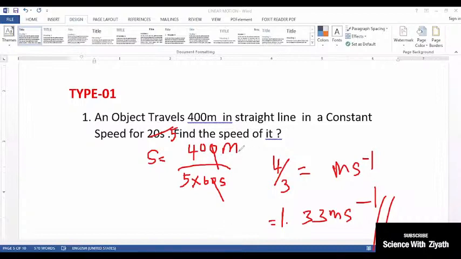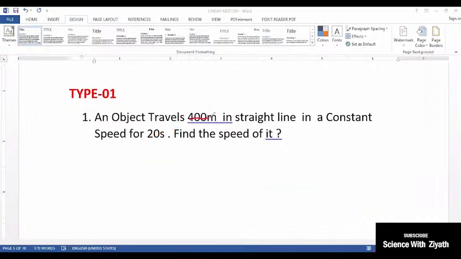In this one, it should be in meters. If they give 4 kilometers now, the basic idea now. What you will do now? You will be very much an expert now. Speed is equal to distance over time.